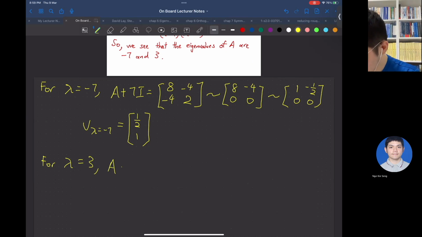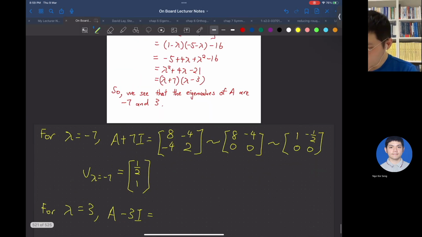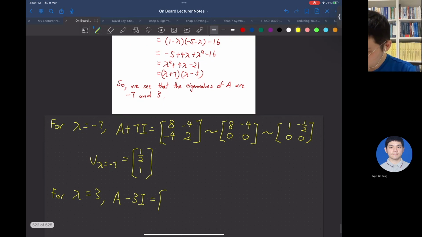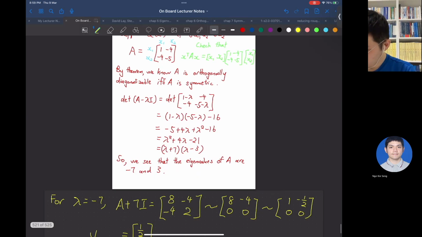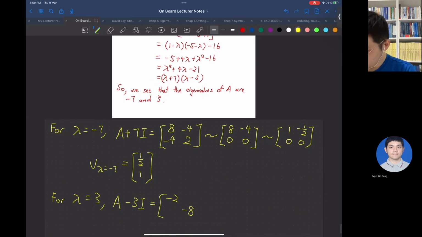Okay. So how about the eigenvector for lambda equals 3? So we'll compute A minus 3I. Okay. What is A minus 3I? So A minus 3I is minus 2 and minus 8 on the diagonal, and on the off diagonal we have minus 4 again. Okay.